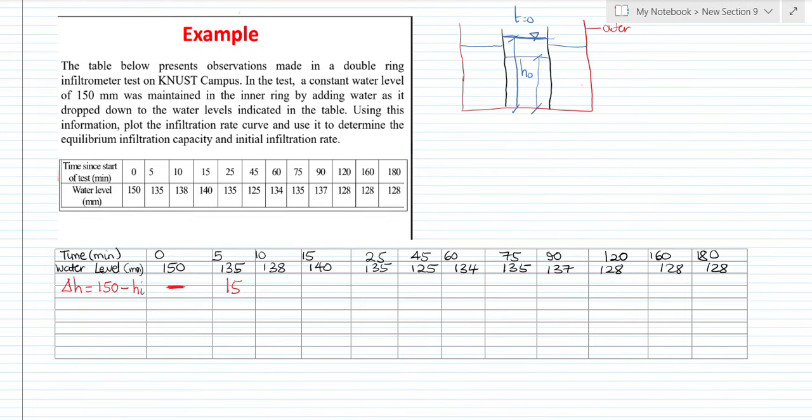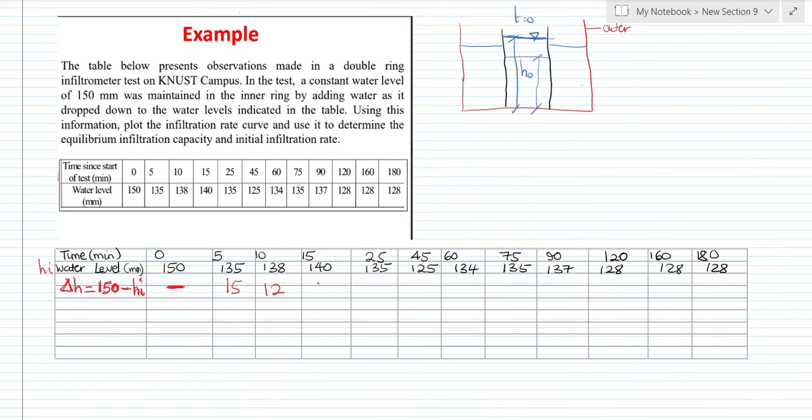So what you have to do is that this is the water level, HI, the water level at any given time. So if you want to find a change in water level, it is simply the initial water level, the water level at time equal to 0, minus the water level at that particular point. So if I want it, it's going to be 150 minus 138, and that is 12.